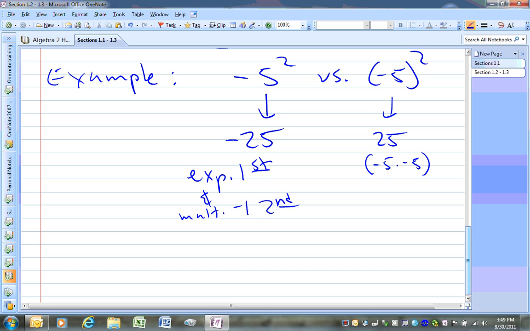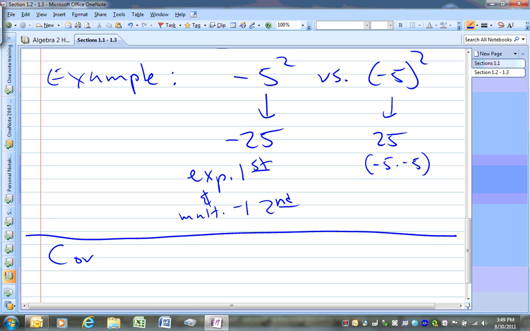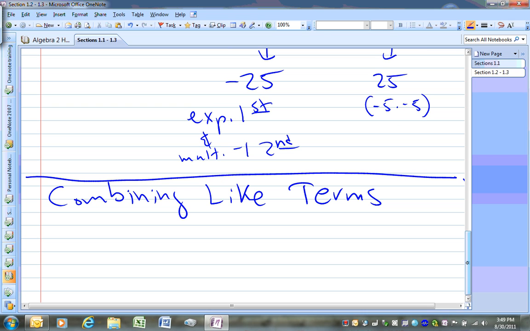Another thing I want to talk about for 1.2 before we move on to 1.3 will be combining like terms. That's a very basic algebraic concept that most of you should be familiar with. And probably the best thing is just do an example.